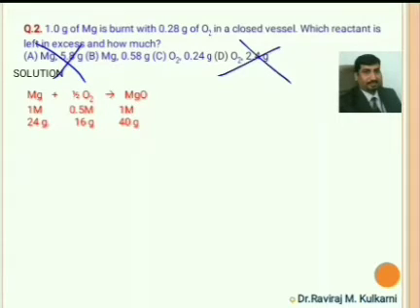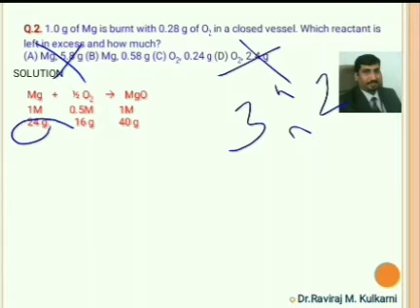It is 24 gram, and half the molar mass of oxygen, it is 16 gram, right? So the ratio is 24:16, that is 3:2. So if you take 3 gram of magnesium, you require 2 gram of oxygen.